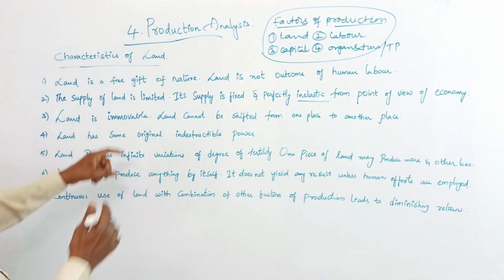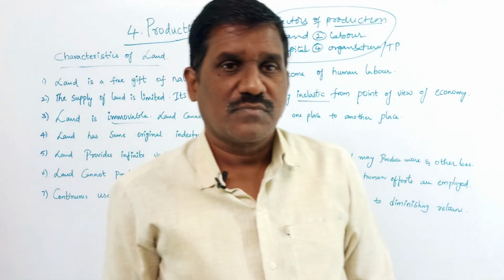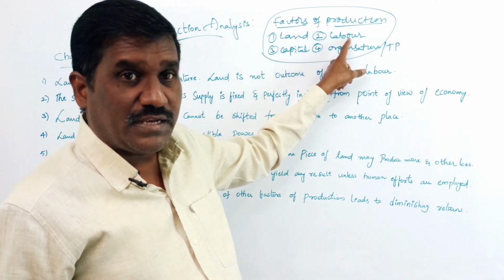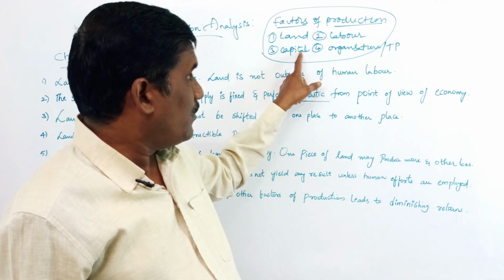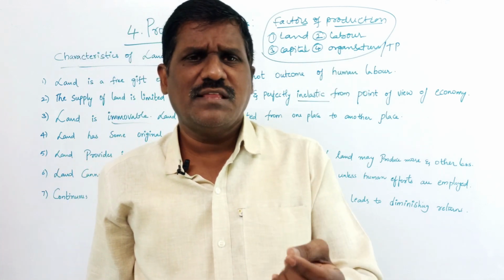Then land is immovable. Yes, this is also one of the characteristics. See here, land is immovable. Labor is movable, capital is movable, organization is movable, but land is the only immovable one. It is fixed. It is a gift of nature.